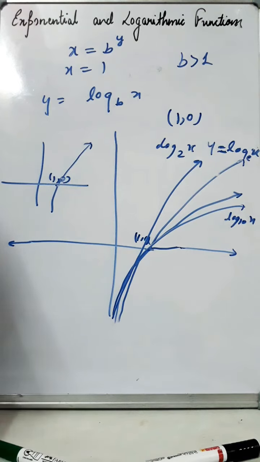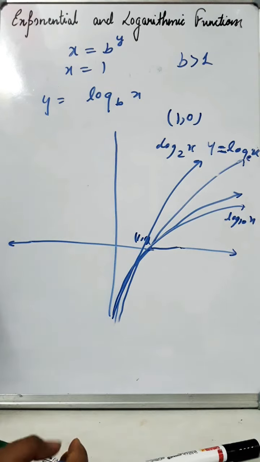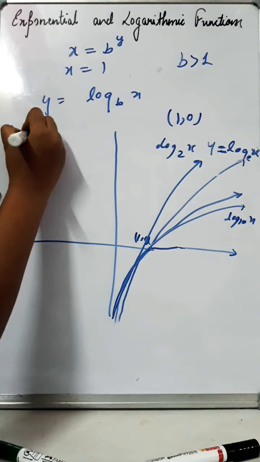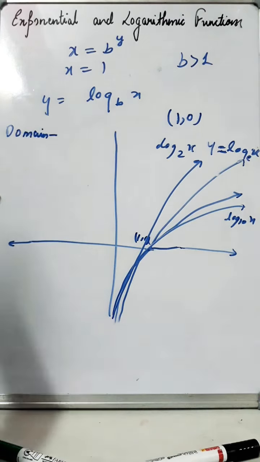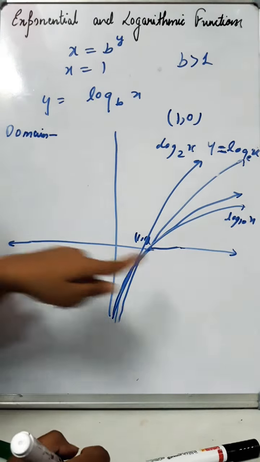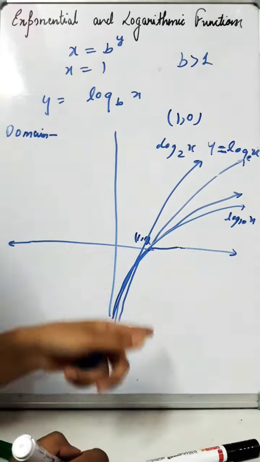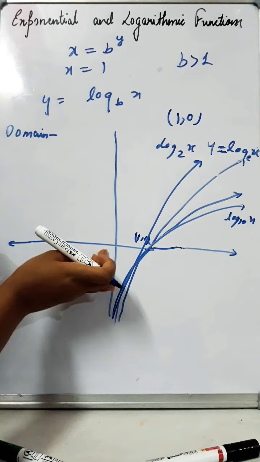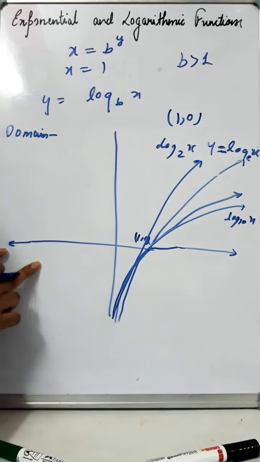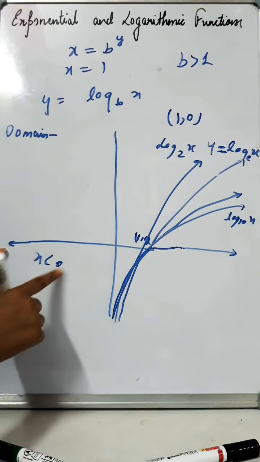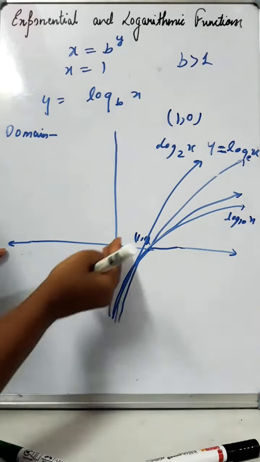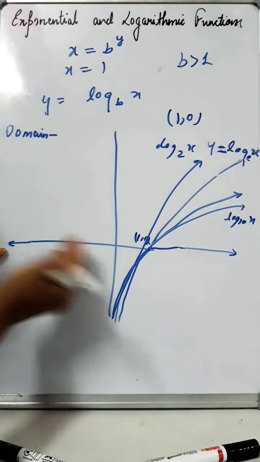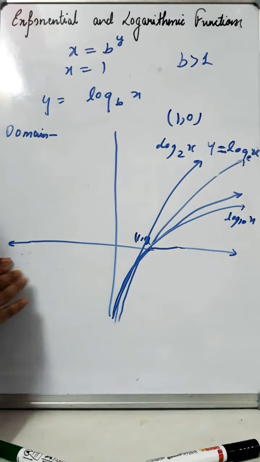Now we will look at some properties of log functions. Now first of all, we will talk about the domain. Domain means we will look at the x where the graph exists. Now you see, there is no significance of the negative x, all the x less than 0. You see graph is not even crossing the y-axis, not coming in the left hand side part.